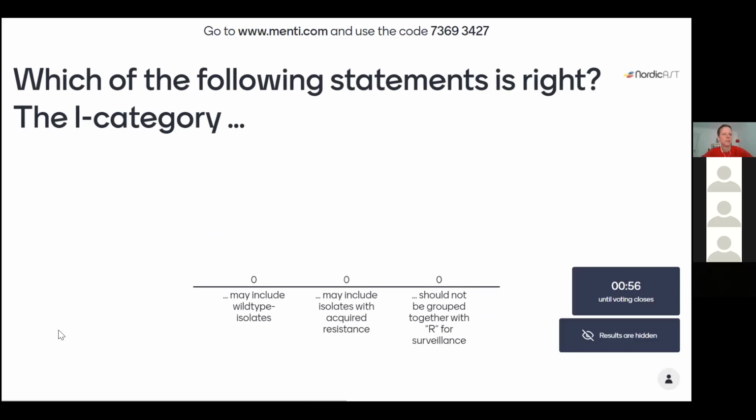So the next question is, which of the following statements is right? The I category may include wild-type isolates, and/or, here several answers are possible, the I category may include isolates with acquired resistance, and/or the I category should not be grouped together with R for surveillance.